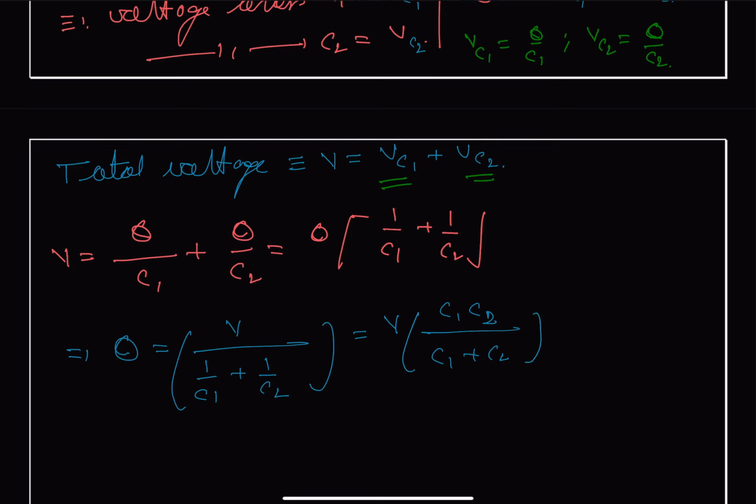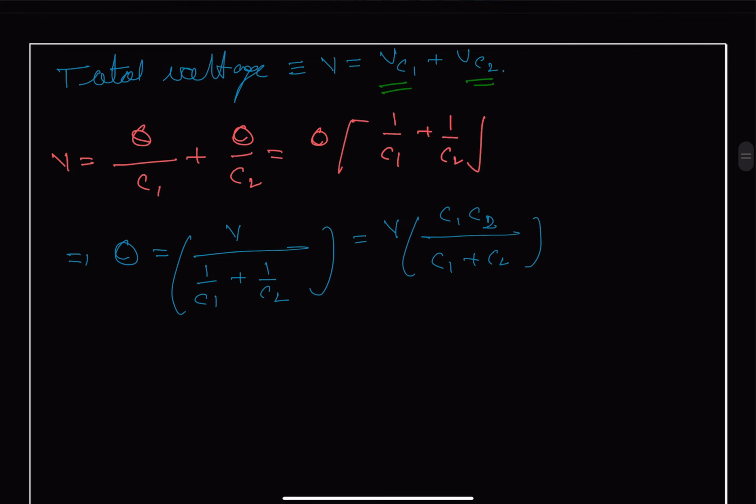Now the voltage across capacitor C1, which we called VC1, will be equal to Q times 1 upon C1.